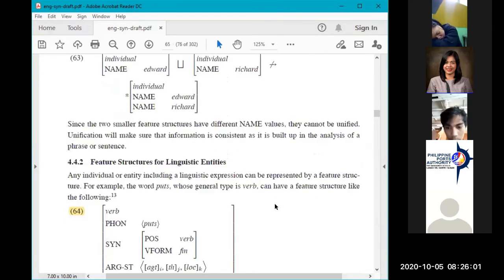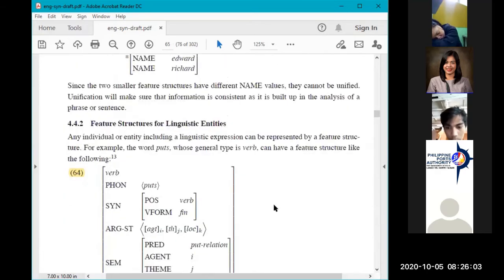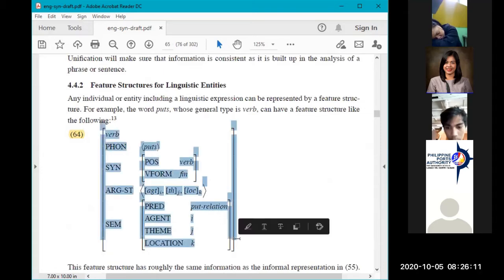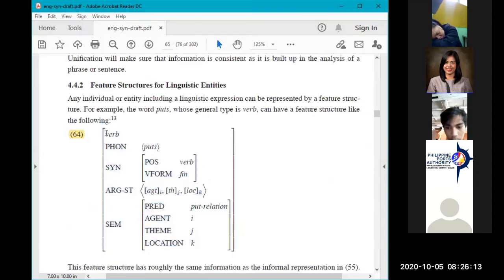Now, to further understand that, let's move on to the linguistic entities of feature structure. I want you to remember, guys, that all throughout the semester, we are going to use this to identify the features of a specific word, especially features of a verb.